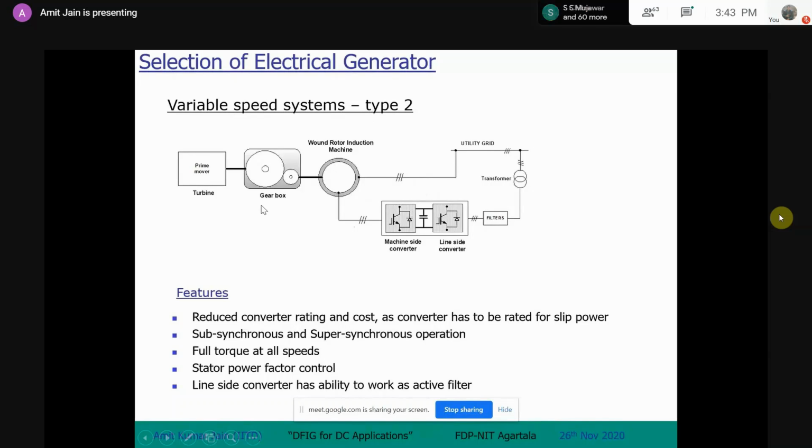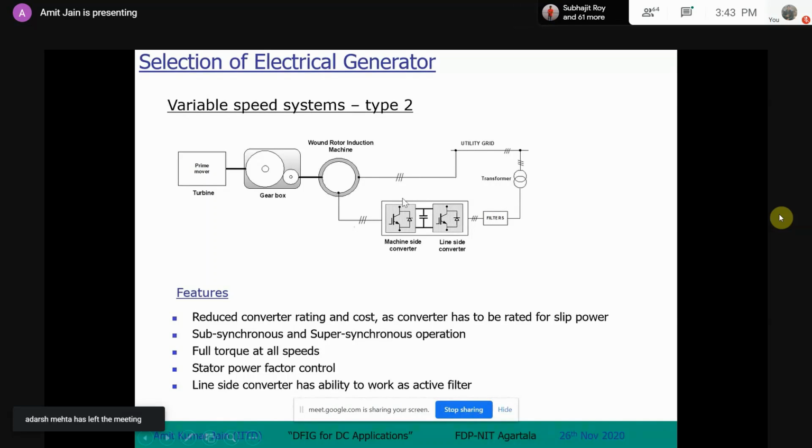When we are working at 12 meters per second, again we generate 10 megawatt from here and 2 megawatt from here. So power is going out from both sides. They are adding up at speeds higher than 10 meters per second. So 10 meters per second is our synchronous speed.